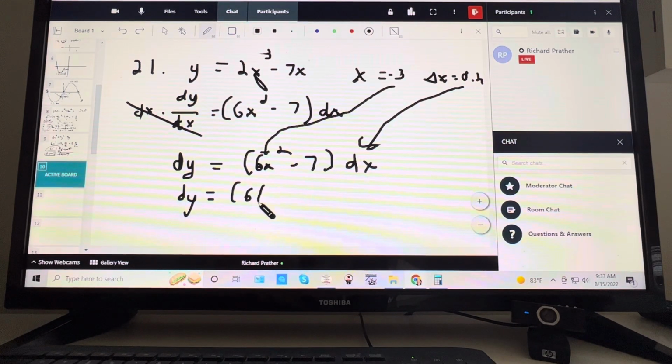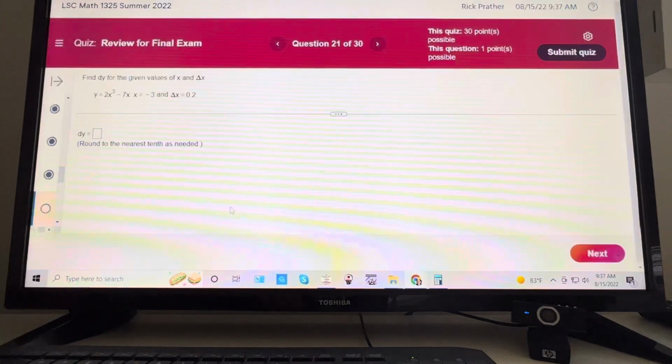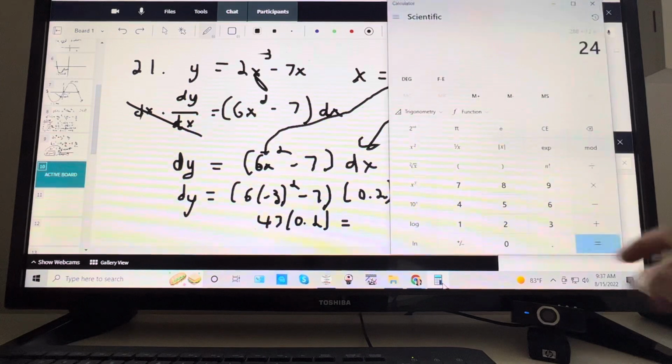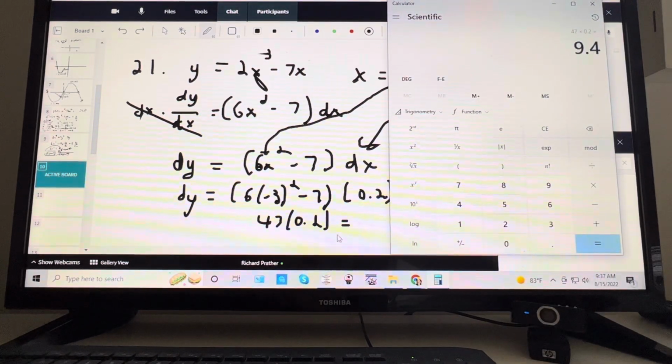So 6 times negative 3 squared minus 7 times 0.2. Negative 3 squared is 9, times 6 is 54. 54 minus 7 is 47 times 0.2. And it does say round to the nearest 10th. 47 times 0.2 is 9.4. There's not even a need to round.